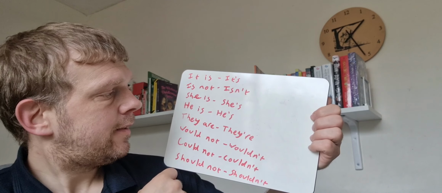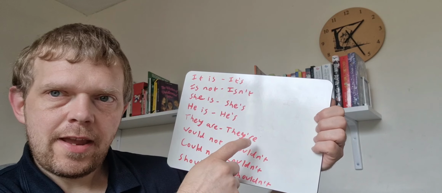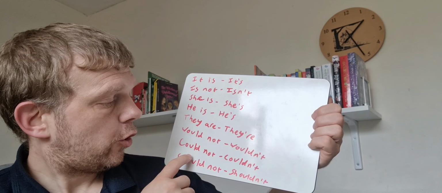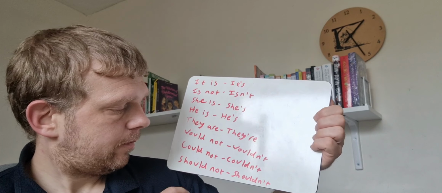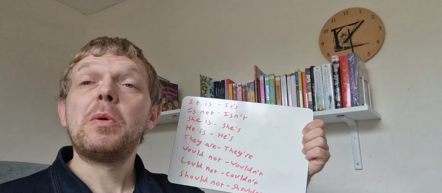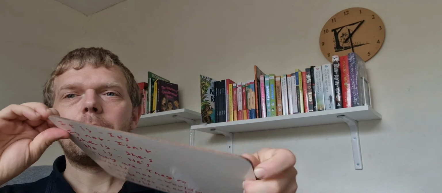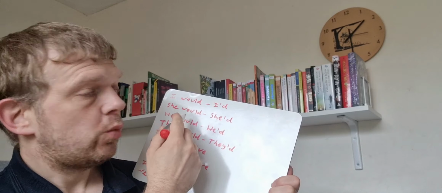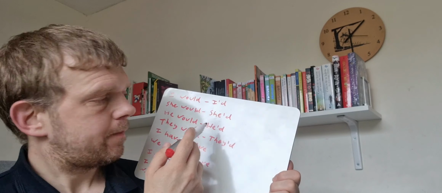He is, he's. They are, they're. Would not, wouldn't. Could not, couldn't. Should not is shouldn't. I've got more contractions as well. I would is I'd. She would, she'd.